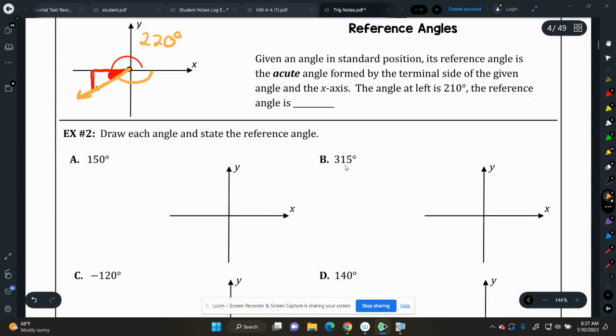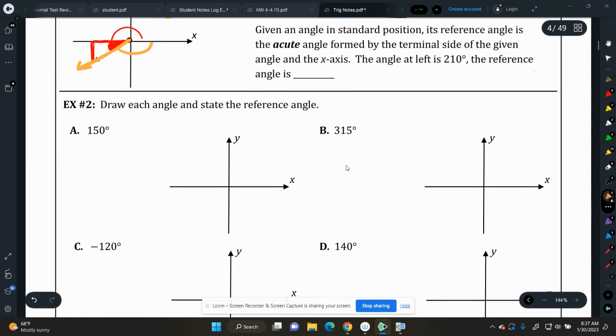So draw each angle and state the reference angle. Let's look at this under example 2, letter A. 150 degrees. Well, this is 180 degrees, so let's sketch in 150 degrees. We're not looking for an exact sketch, so I'm going to say it's right about like that maybe.